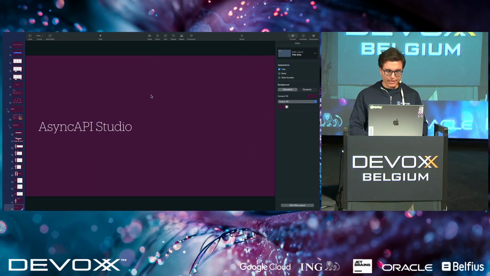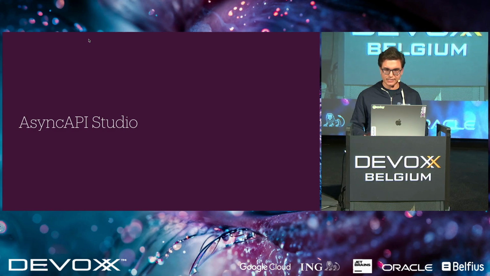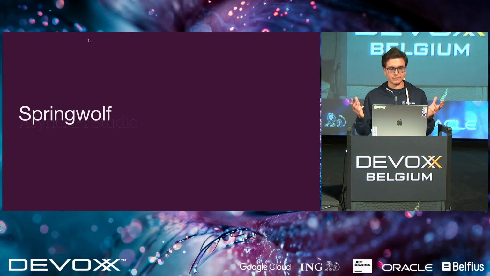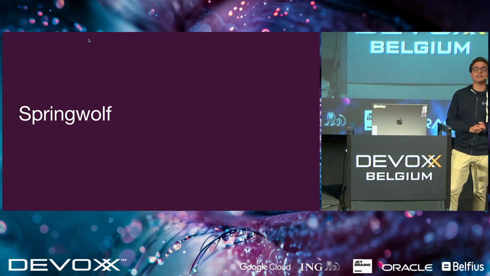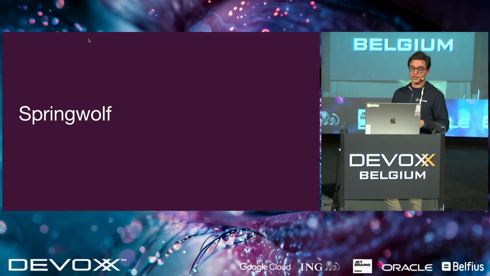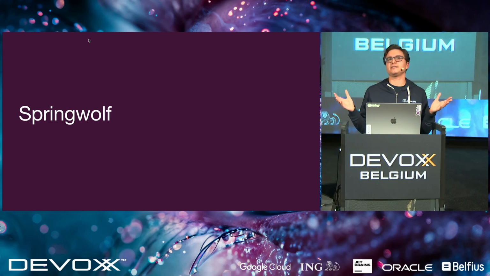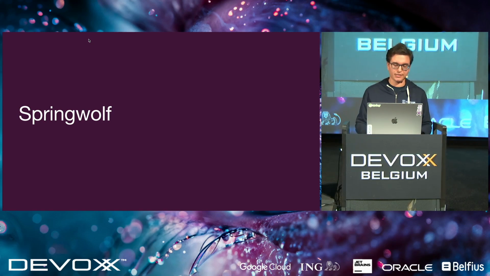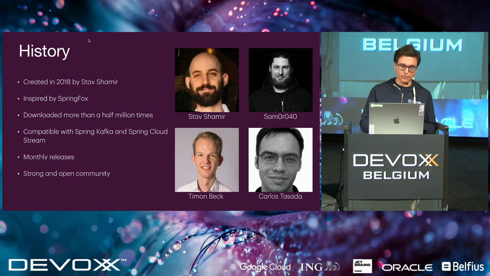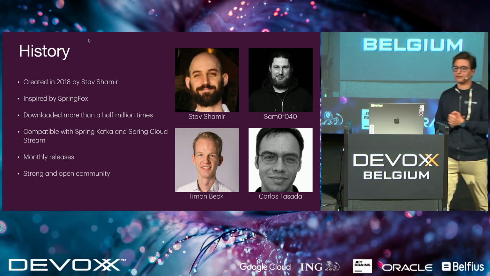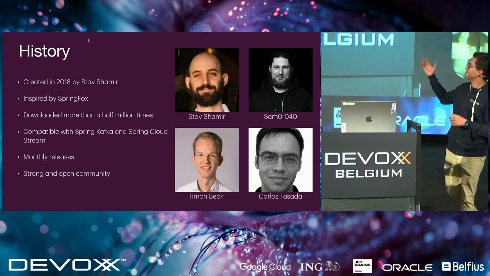And another application that's been built from the AsyncAPI specification file is Springwolf. Not an application, actually, a library that goes with Spring Boot. The idea of this library is to automate the generation of the documentation with AsyncAPI. It was created 3 years after AsyncAPI was invented, by Stav Shamir.